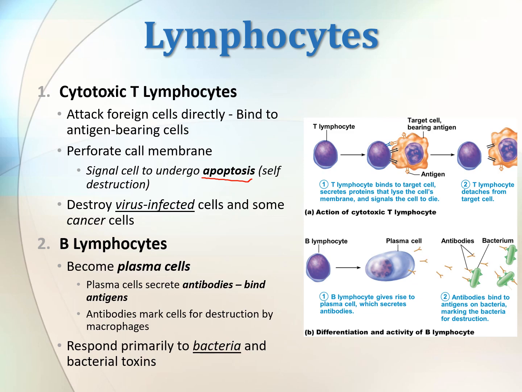Essentially it's going to flag that cell for destruction. Some other cell is then going to come and eat that bad thing, such as a macrophage, because it's phagocytic. Then it's going to come get that bacteria that's flagged by the antibody and essentially destroy it. Okay, so this is very useful, especially for bacteria.